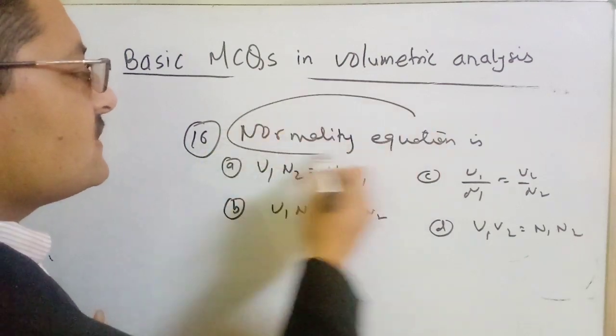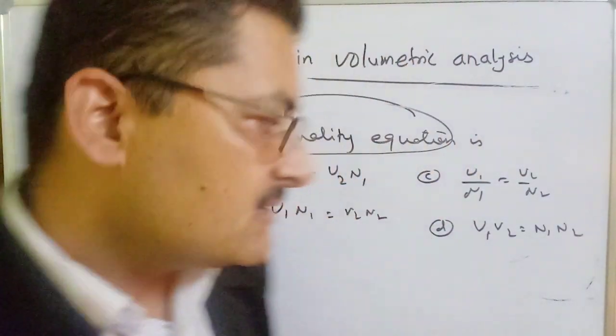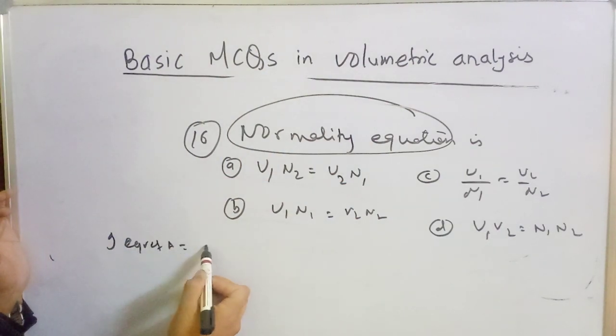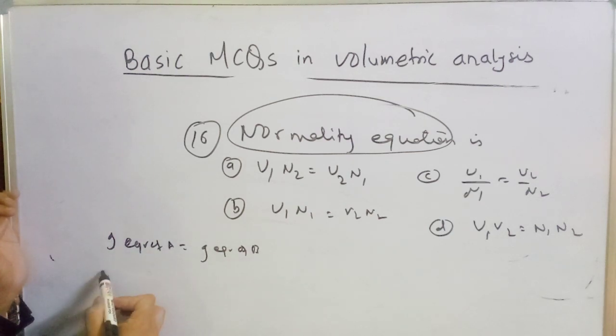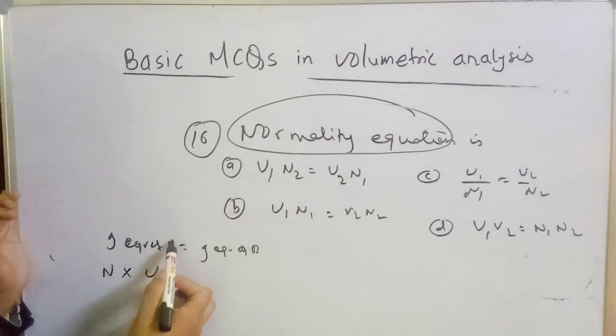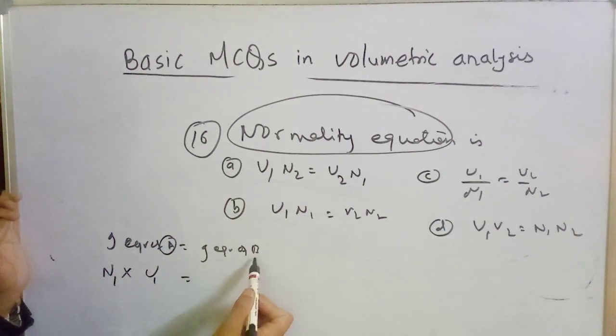You know the normality equation is the basic principle of the law of chemical equivalents: gram equivalent of A equals gram equivalent of B. Gram equivalent is normality times volume in liters. For example, for A you say N1 V1 equals gram equivalent of B, which is normality of B, that is N2, times volume in liters V2.